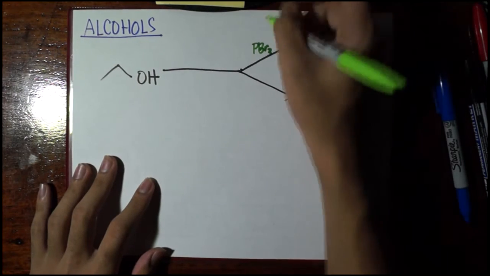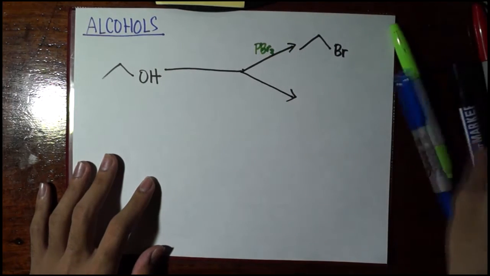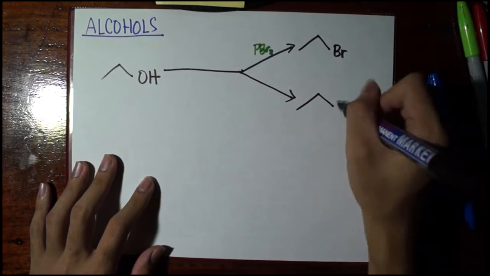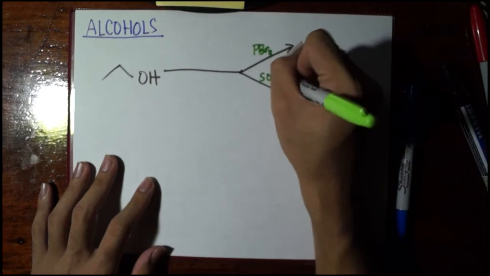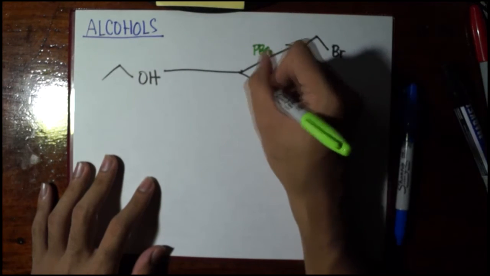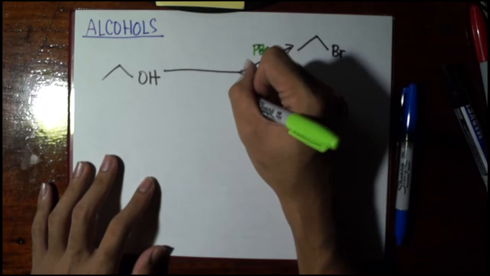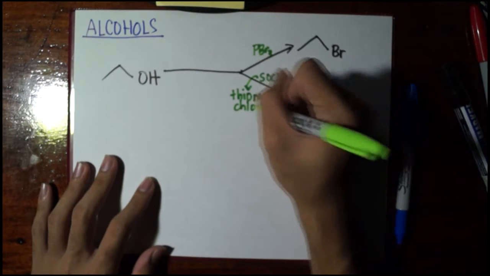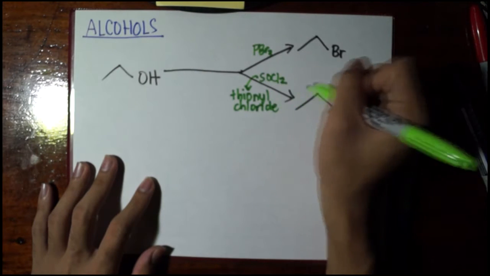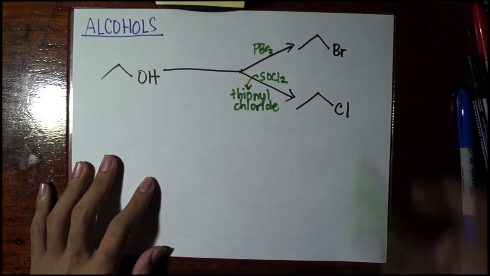Alright, it's not potassium. Anyway, now if we want to produce a chloride, we use this reagent SOCl2. This actually has quite a unique name, thionyl chloride, and we will encounter thionyl chloride again later on.